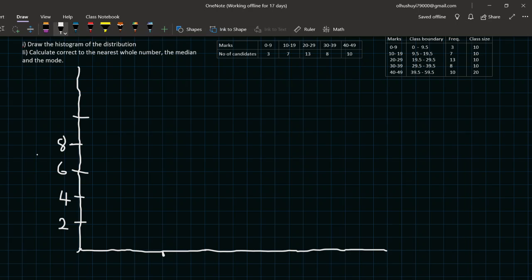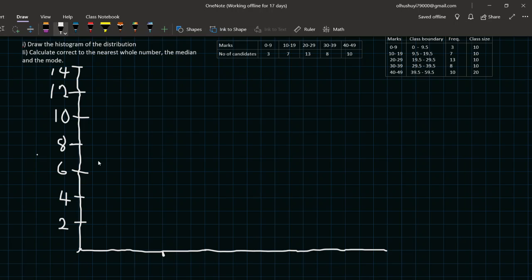I have this place to be 10. I have this place to be 12. I have this place to be 14. So that line is 14, so that it can accommodate the 13th frequency.